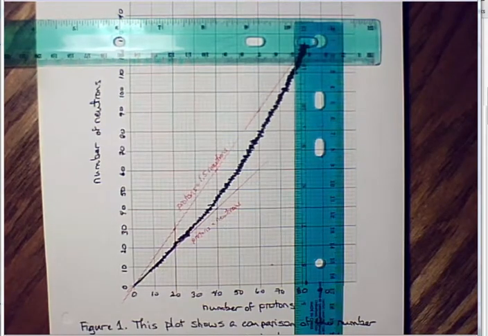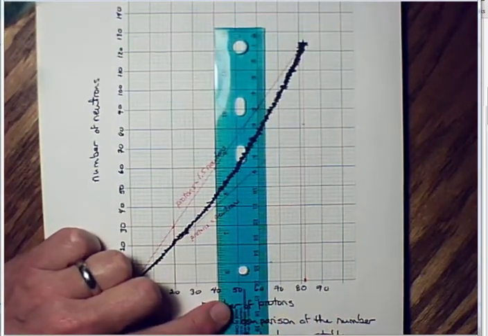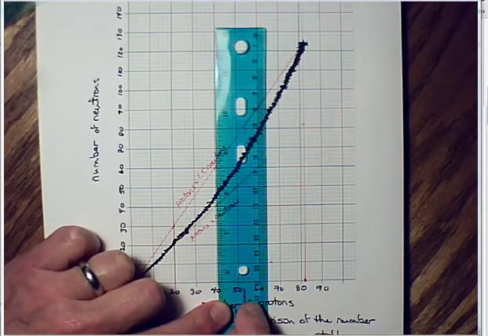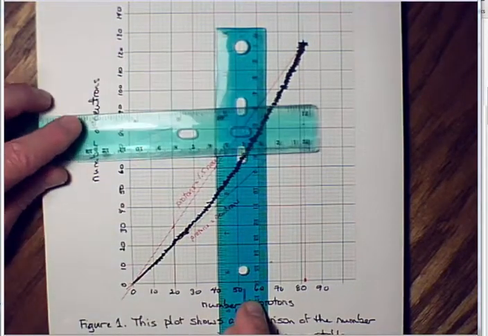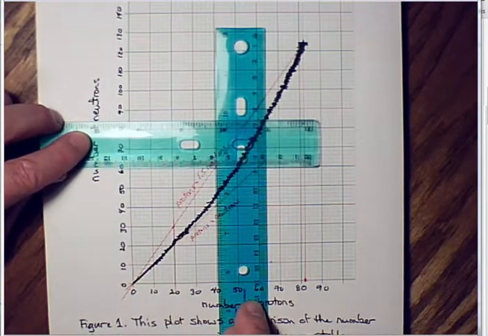What's the atomic number, and therefore the number of protons, for zirconium? 40. Here's 40 right here. So if it's zirconium 100, how many neutrons? 60. And so the intersection is right there, at the bottom of the ruler, and that's off that band of stability.